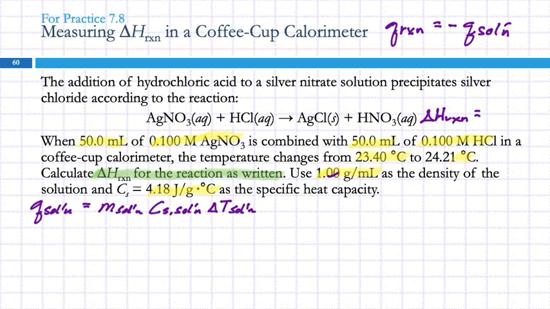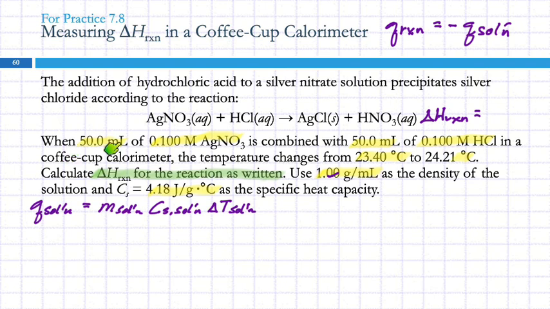So if they actually want us to solve this, they should have given us enough information to find all those things. So let's look for those things. Did they give us a mass of the solution? No, they didn't. We can find it though, but they didn't give it to us.